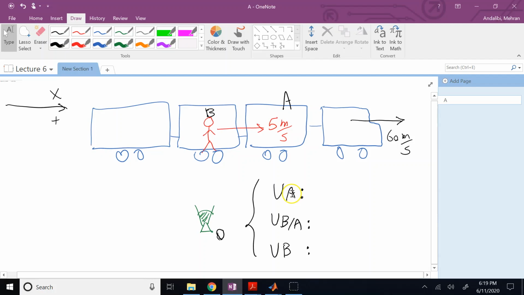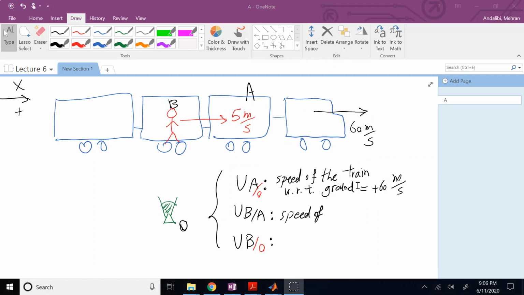This A is also actually measured with respect to O. So when you say A, it's actually A with respect to what? O. And B is also with respect to O. So V of A with respect to O is the speed of the train with respect to the ground, which is 60 meters per second positive, and positive because it's to the right.